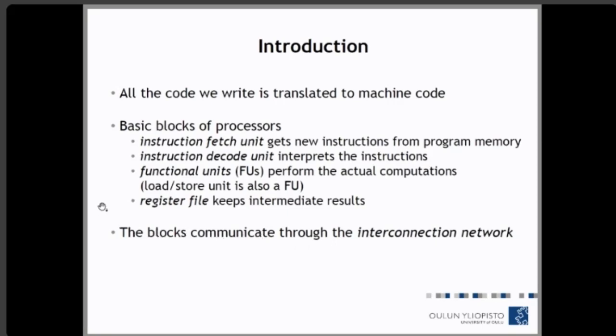So the basic blocks of a processor are these. We have an instruction fetch unit that is responsible to go to the memory and get the next instruction that needs to be executed.